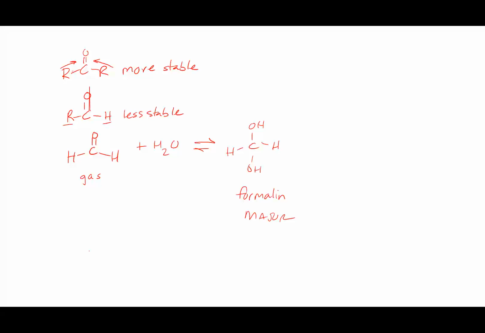The other way is to do something like this, which is let's add electron withdrawing groups to the carbon attached to the carbonyl, so that the electron withdrawing groups pull the electron density away from that carbon, which then will pull electron density out of the carbonyl. If a carbonyl is more stable by pushing electron density, it's going to be less stable by pulling electron density out of it.